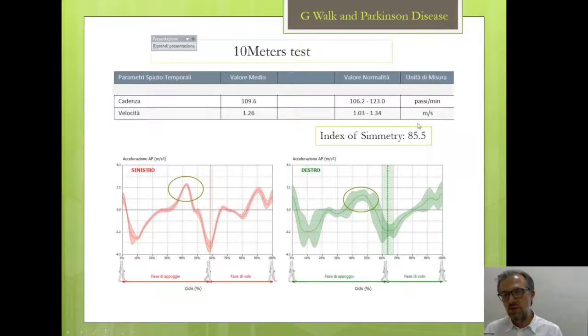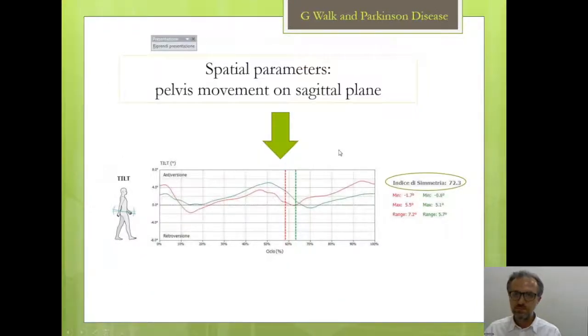During the 10-meter test, as we know from our clinical experience, our patients, according to the severity of their disease, typically present a low level of symmetry. This patient has an index of symmetry of 85% and not 98%. It means that from the left to the right side, the right side is presenting the worst performance.